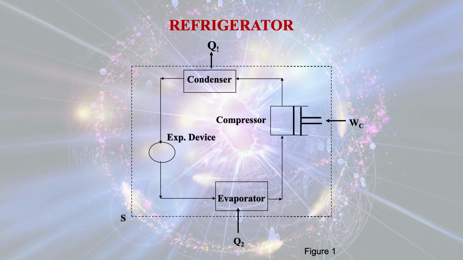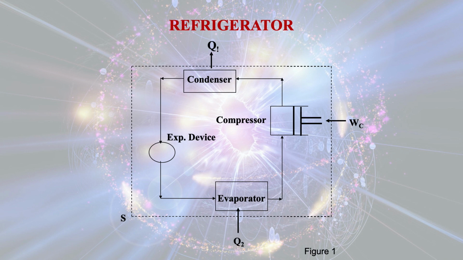Since the refrigerant is very cold, heat will transfer from the confined space which is to be cooled inside the evaporator onto the refrigerant which is circulating in a coil inside the evaporator. So Q2 is the heat extracted from the confined space which is to be cooled.